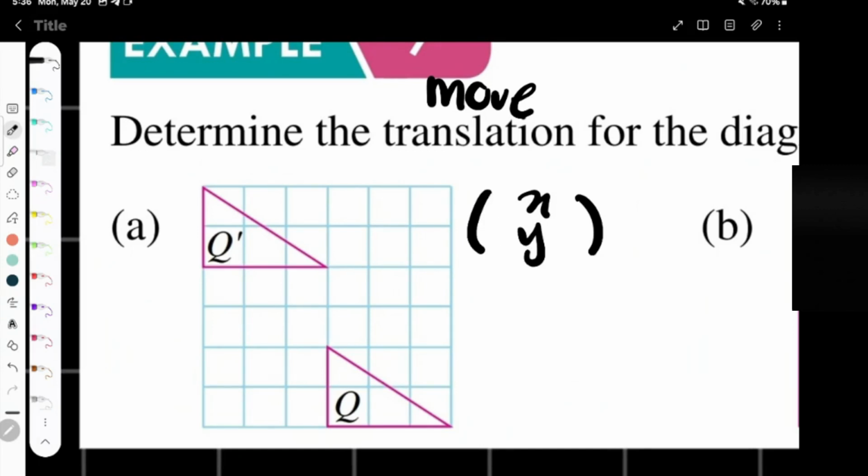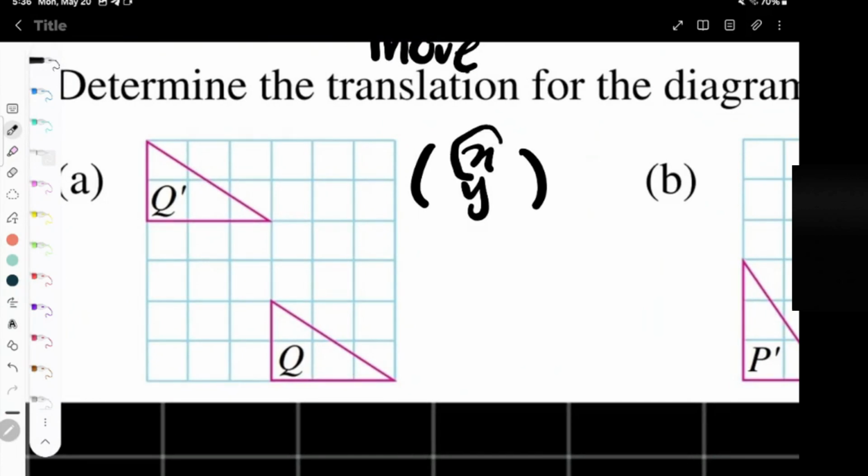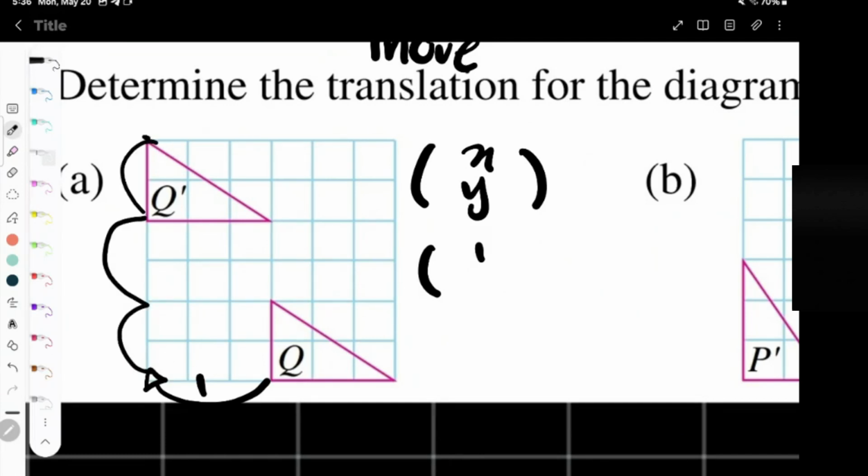Very simple actually, right? So how do you do this? You basically put the x as how much it moved by. So it moved by how much? One, right? Only one. And then y, how much? One, two, three?